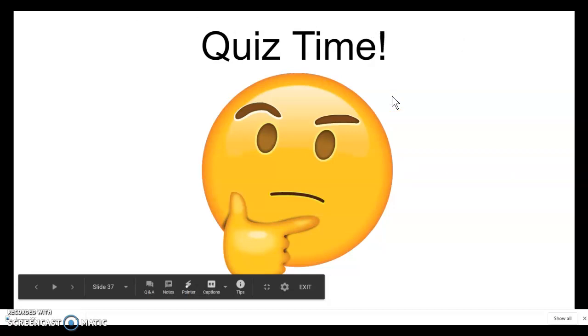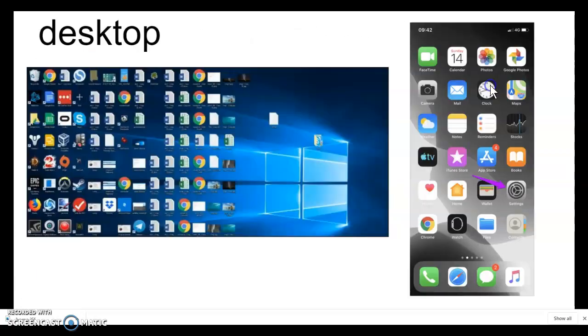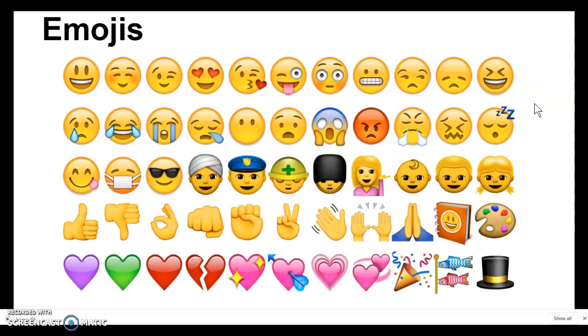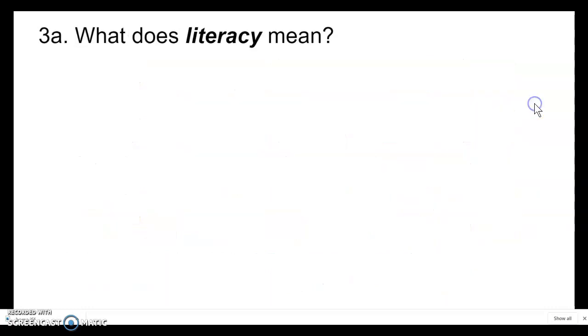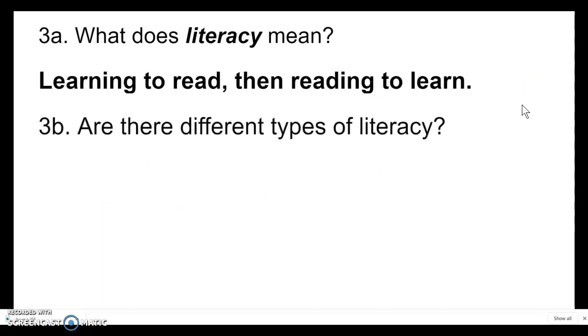Okay, real quick, quiz time. What is this called? A desktop. I gotta move fast. What are these? Emojis. What is literacy? Learning to read, then reading to learn. Are there different types? Yes, many.